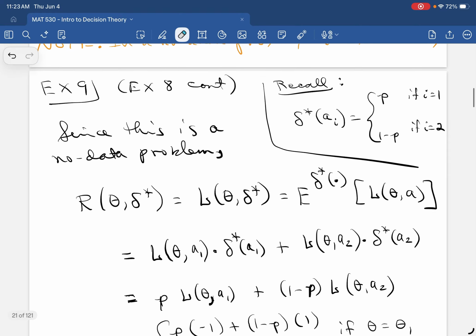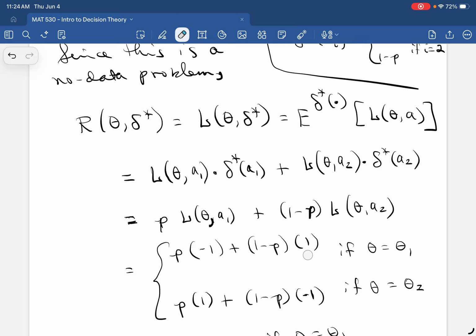And so that is a loss of -1. If the opponent chose heads but you chose tails, then the opponent wins and you actually lose, and that's why we have a +1 there, because you actually had a loss. And then similarly, you can go through the cases if the opponent chose tails, where theta is theta 2.